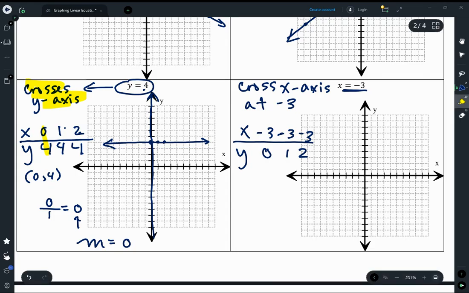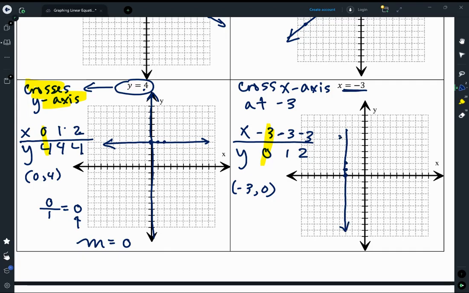So when I graph like this first one, remember we could take this and think of that as an ordered pair. That's like the ordered pair -3, 0. So -3 up 0. And then the next one is -3 up 1, -3 up 2. So I get a line that crosses my x-axis at -3.